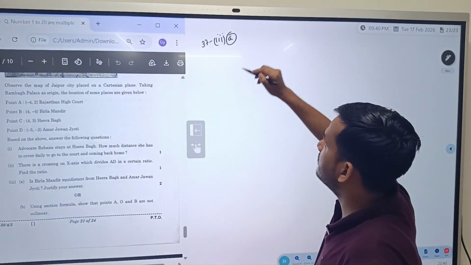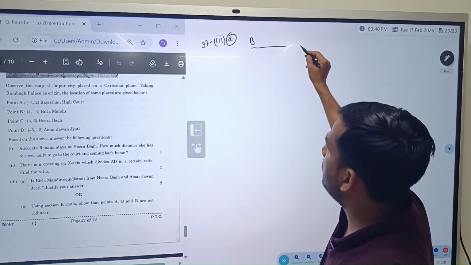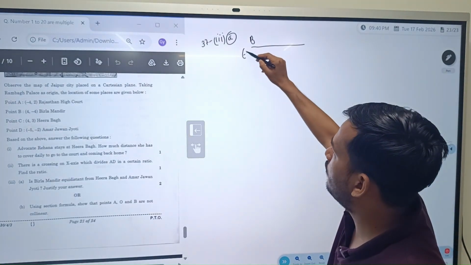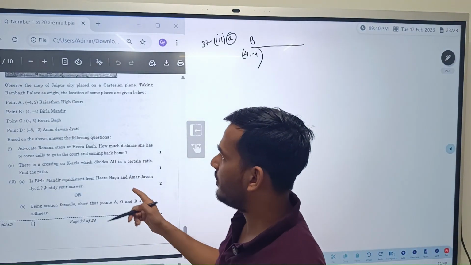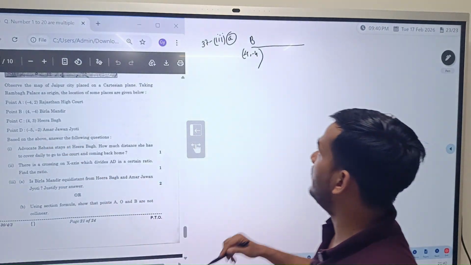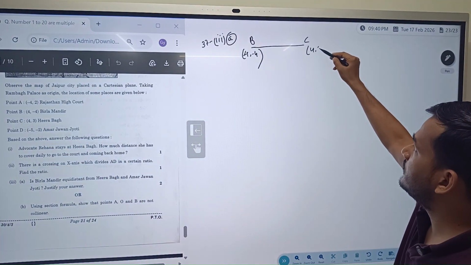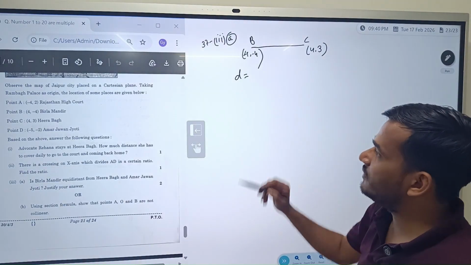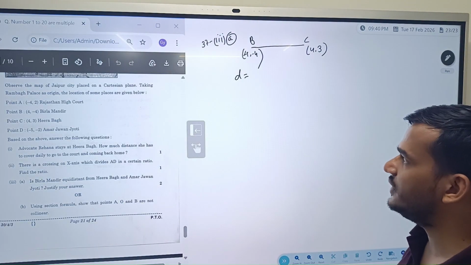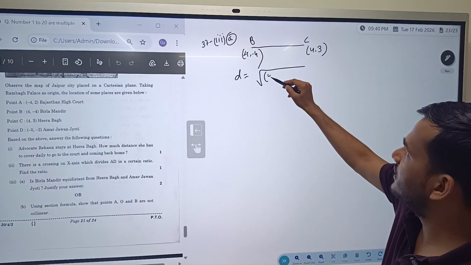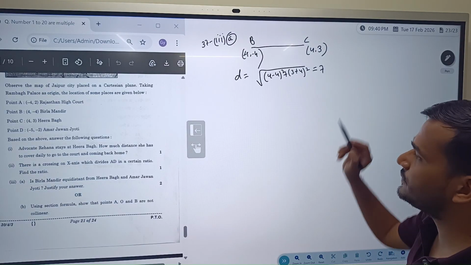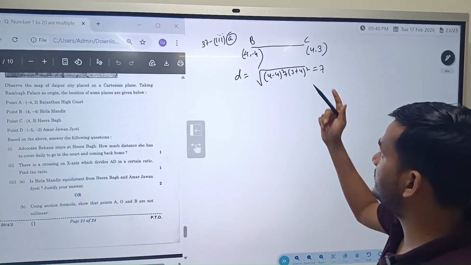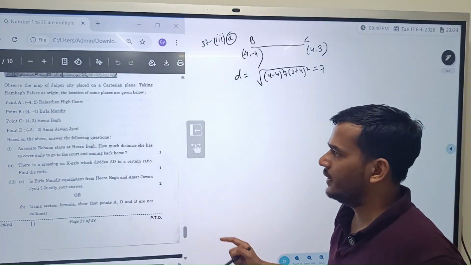Birla Mandir is minus 4 comma minus 4, and Hira Bagh is point C, that is 4 comma 3. So the distance between Birla Mandir and Hira Bagh, 4 minus 4 square plus 3 plus 4 square. So this is 7. 7 is the distance between Birla Mandir and Hira Bagh.